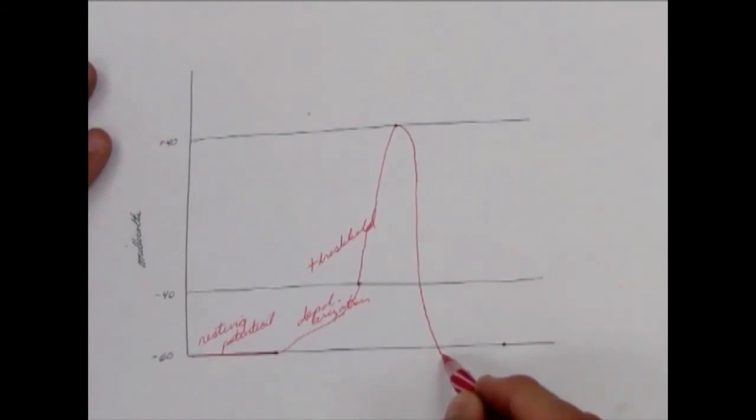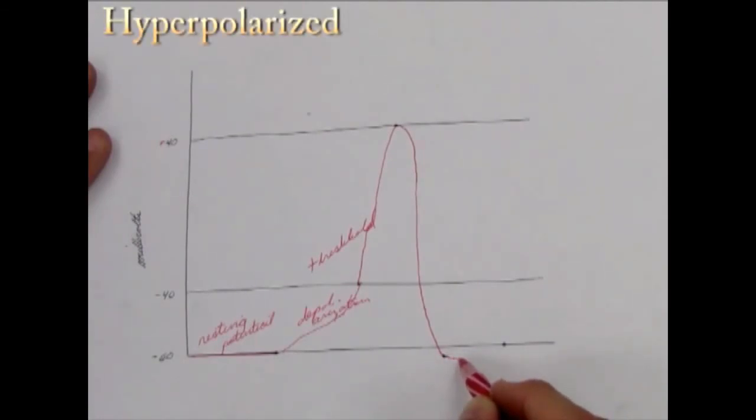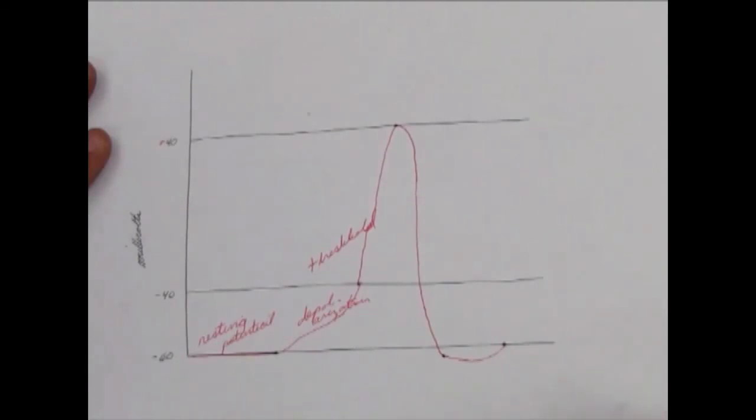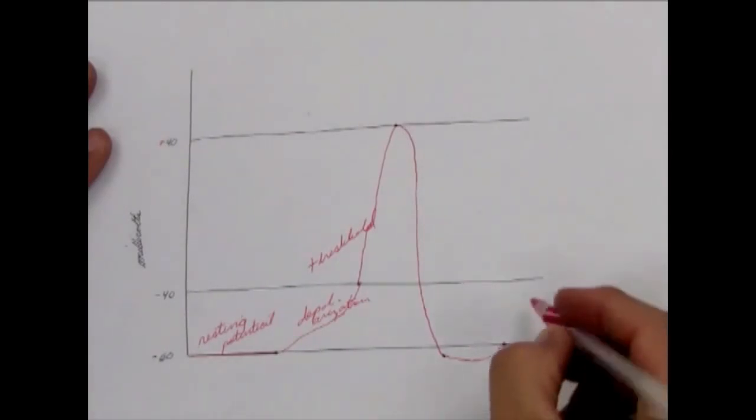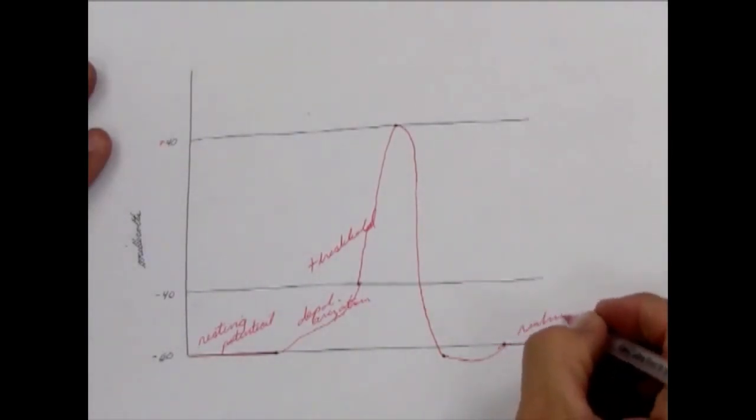And there's what we call a hyperpolarization. As you can see, the charge is below resting potential. At this point, the sodium-potassium pumps go to work, and they transport the sodium out of the neuron while transporting potassium into the neuron, restoring it to what we're going to call resting potential.